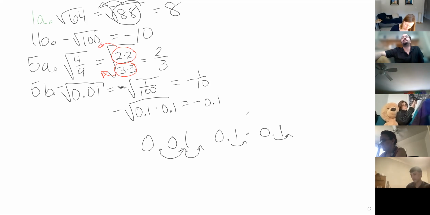Another way you could do it is you could rewrite it as 10 to the -2, because we moved the decimal twice with what we did in the previous unit.